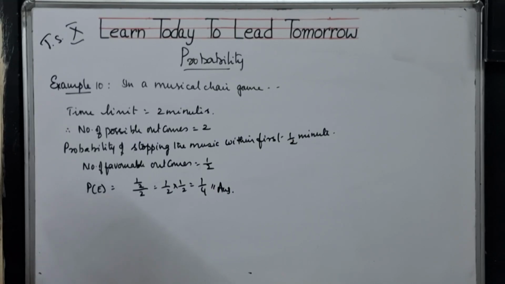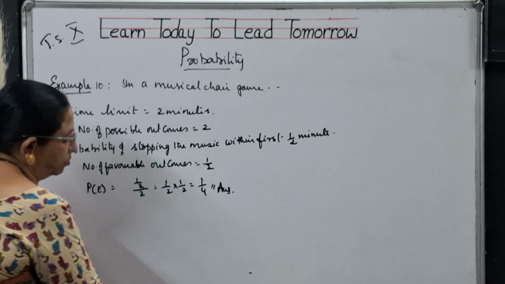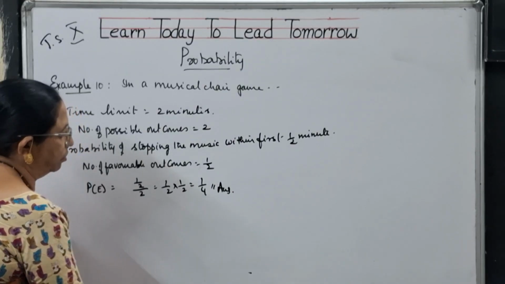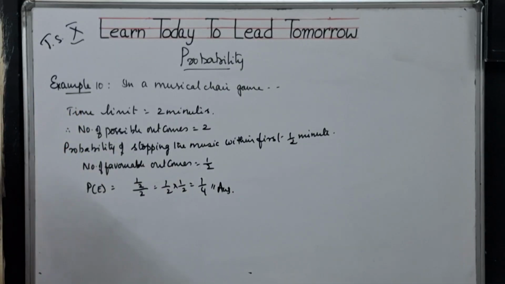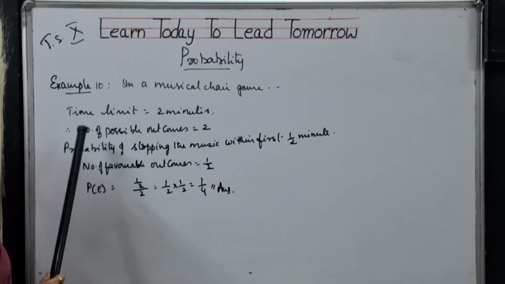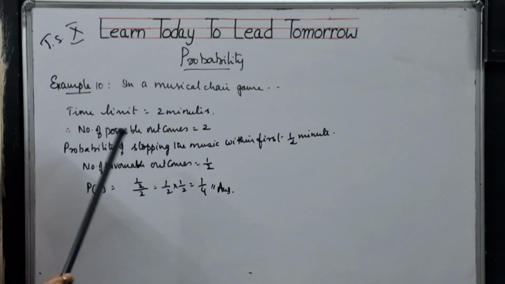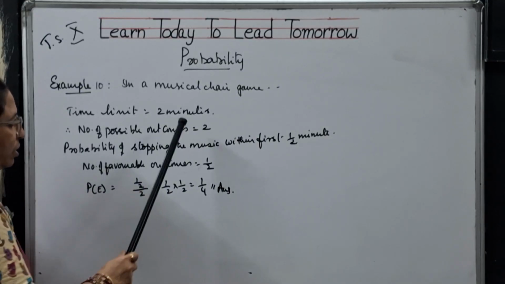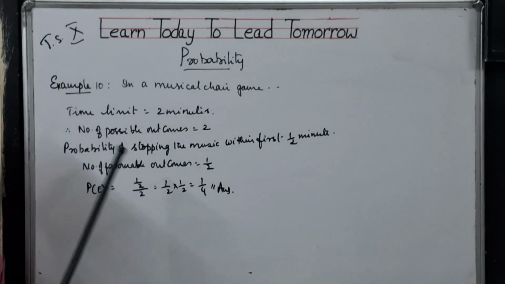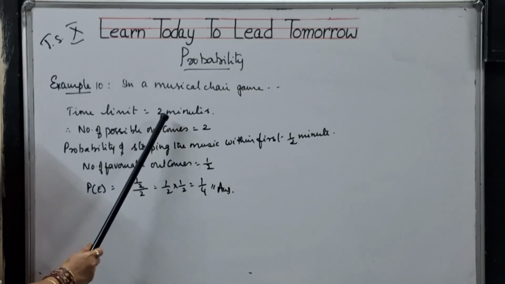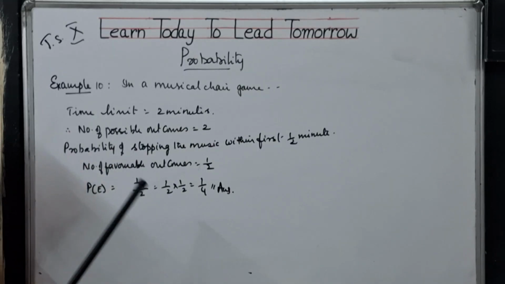What is this problem? In a musical game, the person who is playing the music has been asked to stop the music within 2 minutes at any time that they want. So actually the play will be up to 2 minutes. So this 2 minutes will be the possible outcomes.